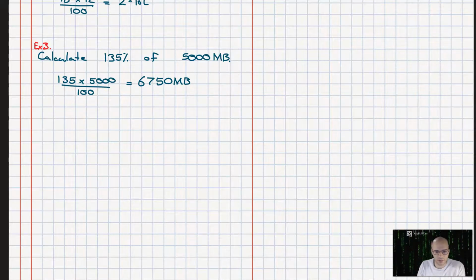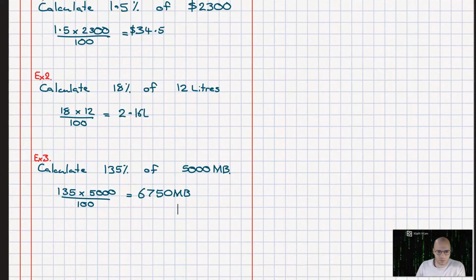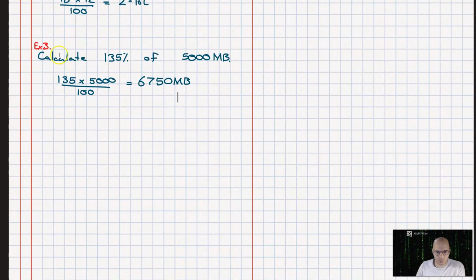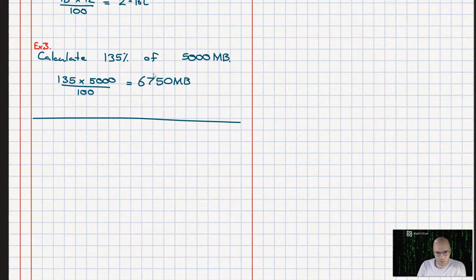Now, looking back at why this actually works, we'll use example 3 here. The way in which it works is we're simply changing the 135% to a decimal by putting it over 100, hence the reason we get rid of the percentage sign.